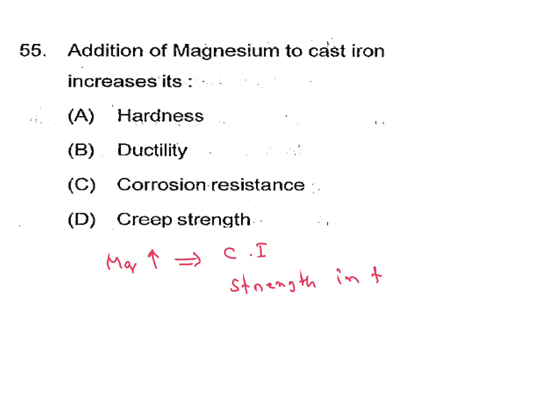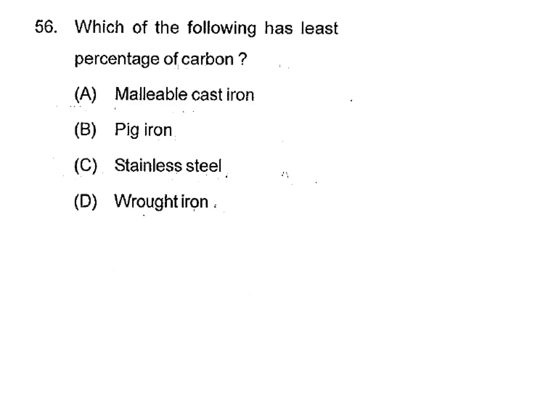So ductility increases. B is our answer. Which of the following has the least percentage of carbon? A, malleable cast iron, B, pig iron, C, stainless steel, D, wrought iron. The answer is wrought iron.